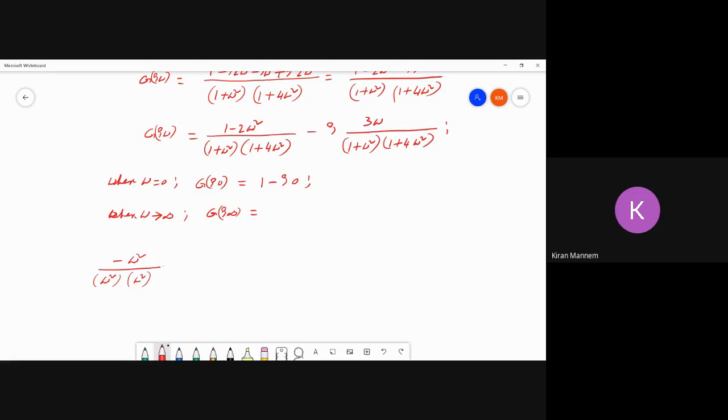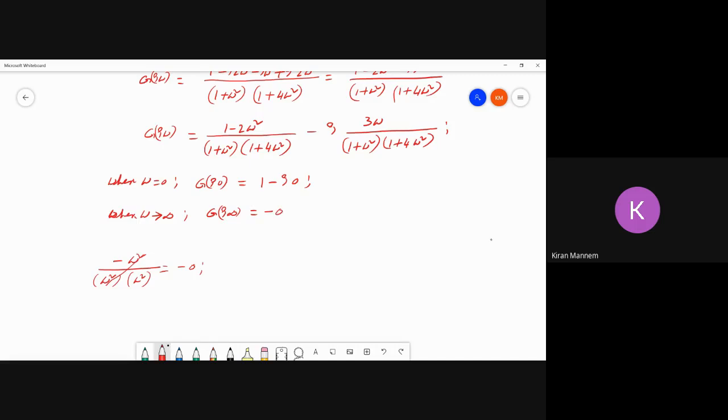This is the equation for the real value. 1 minus 2 omega square: subtracting from 1 with infinity, it is again minus omega square, so it will be cancelled. You will get minus 1 by infinity, it is minus 0. So your value will be minus 0.